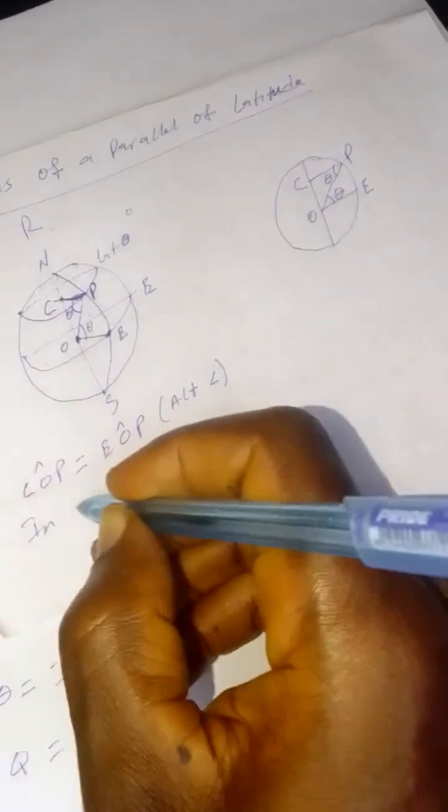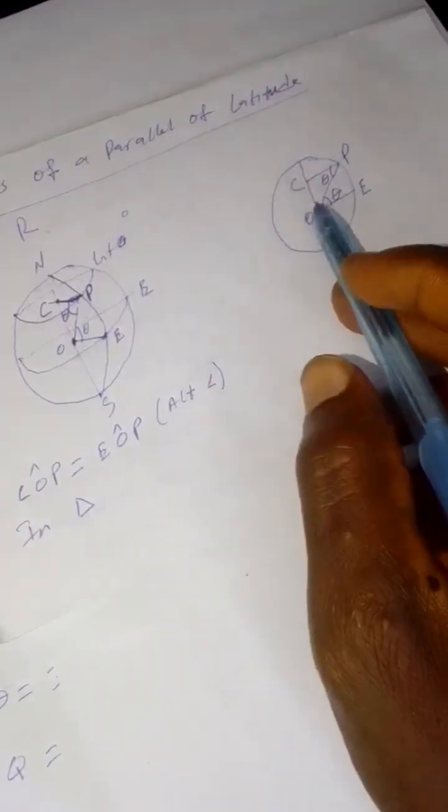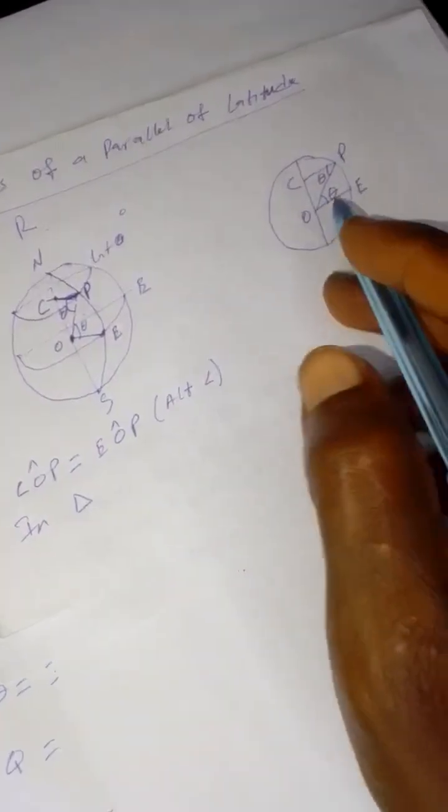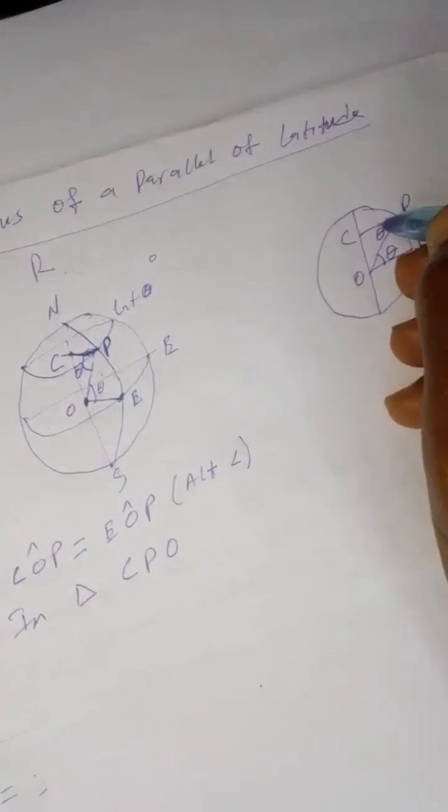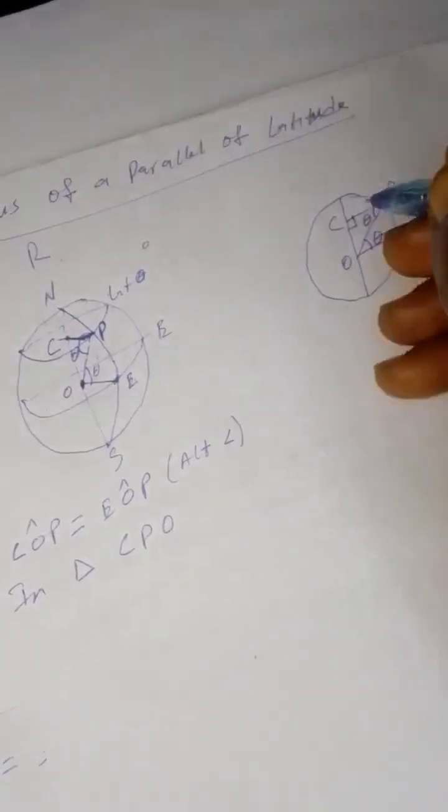So can I say in triangle CPO, you can see it's a right angle triangle. This is the right angle here.